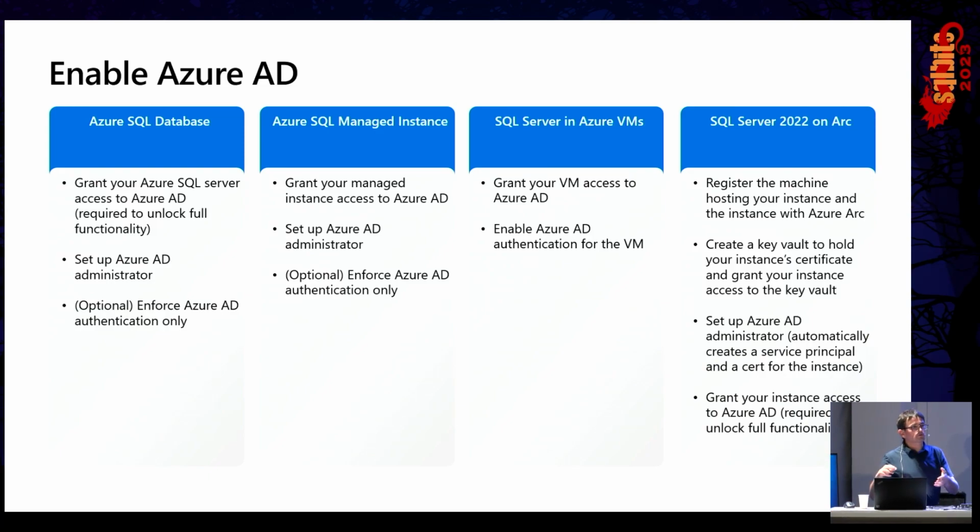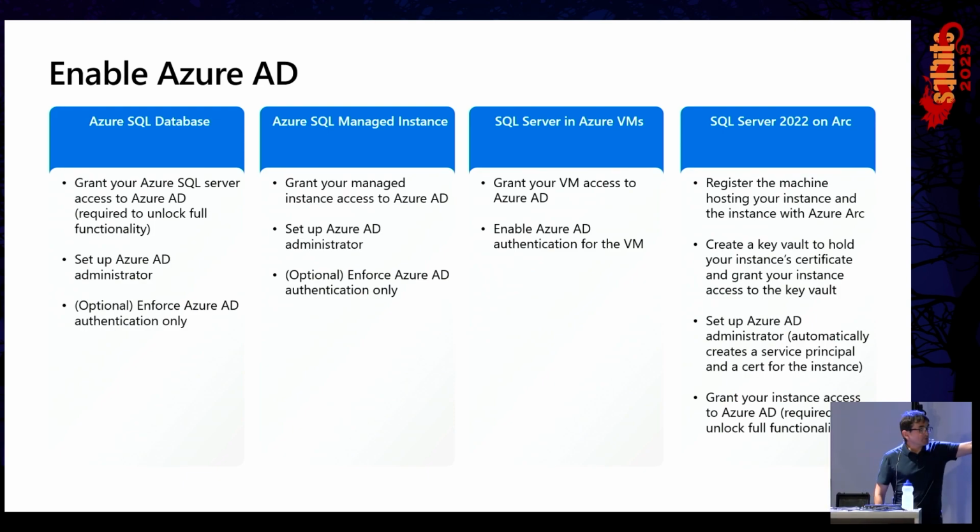For SQL Server on Arc, on the other hand, this looks a little more complex, and it is more complex. And the reason behind it is that all the three products on the left, again, all these products need to be able to talk to Azure AD, at least for full functionality, and in some cases it's absolutely required, right?